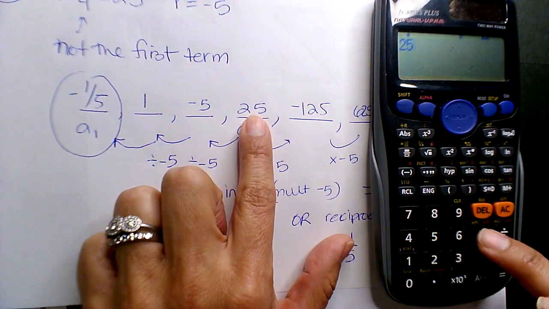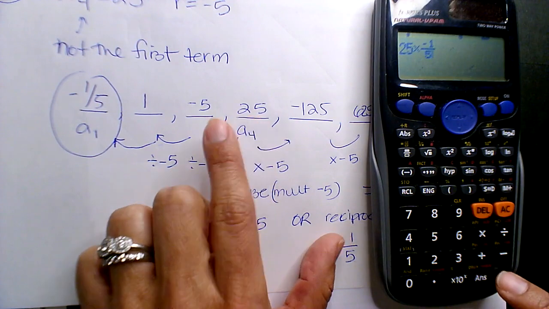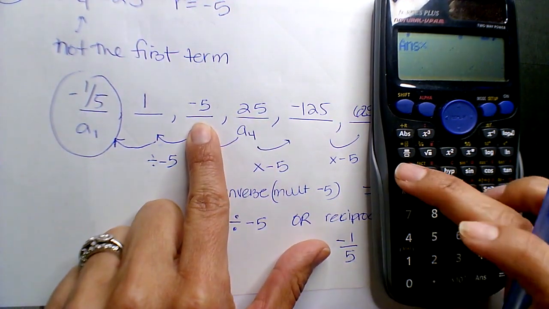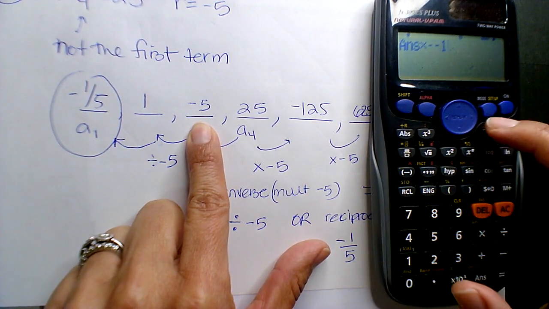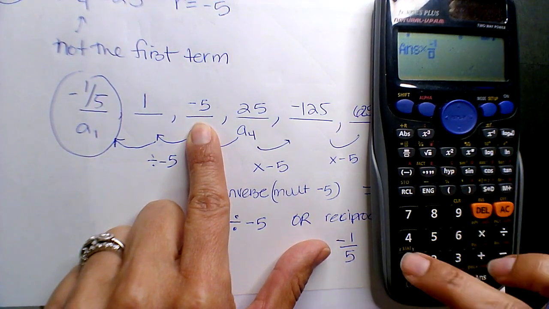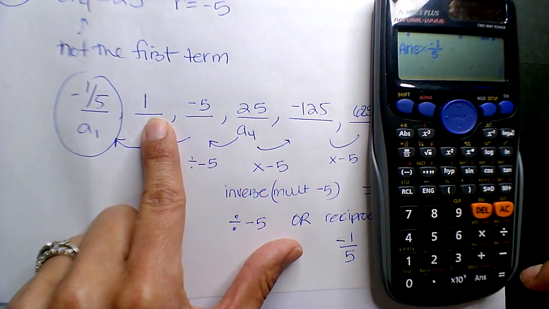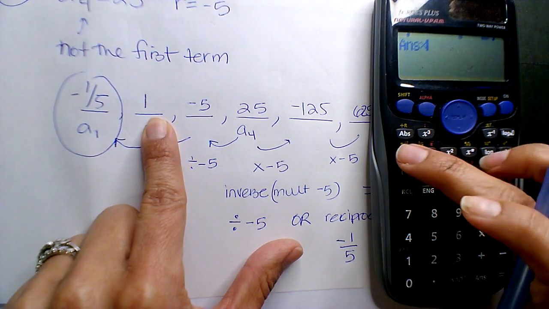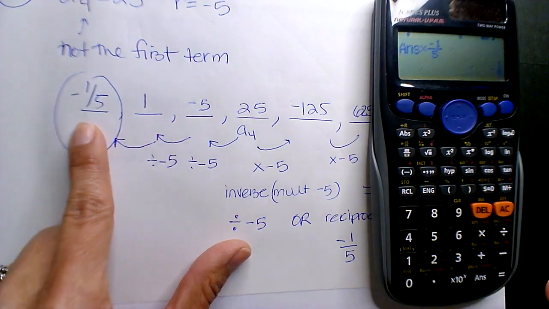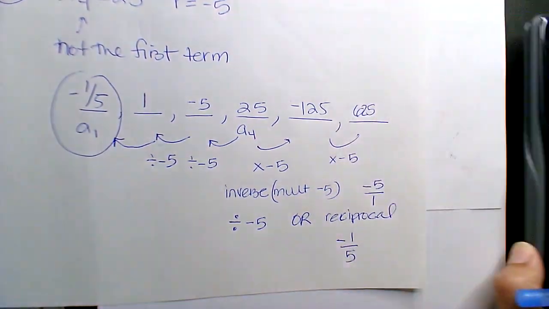What's 25 times -1/5? There's my -5. Then -5 times -1/5, there's my 1. Then 1 times -1/5, and there's my -1/5. So it's up to you.